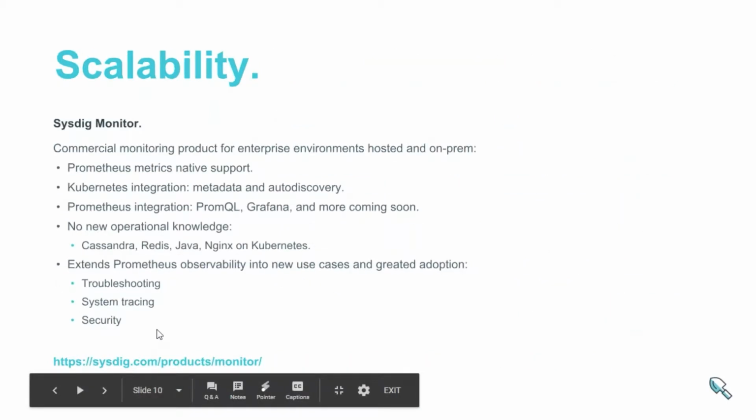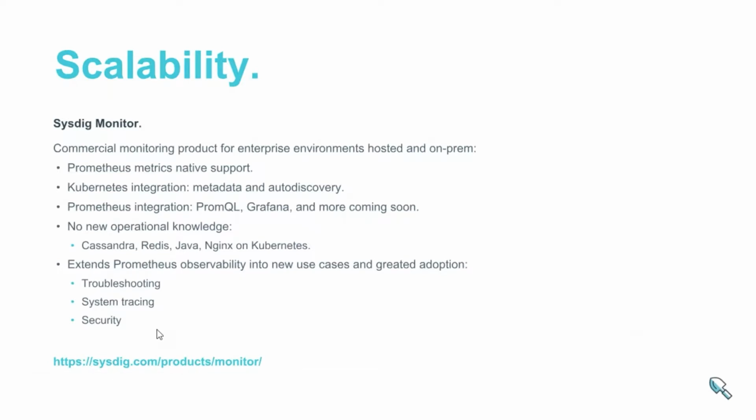Another option here is Sysdig Monitor, the commercial monitoring product that we have created for enterprise environments, and you can use it either hosted as SaaS by us or on-prem. It integrates seamlessly with Prometheus, so we can scrape Prometheus metrics. It has Kubernetes integration, so we can pull in Kubernetes metadata in the very same way.